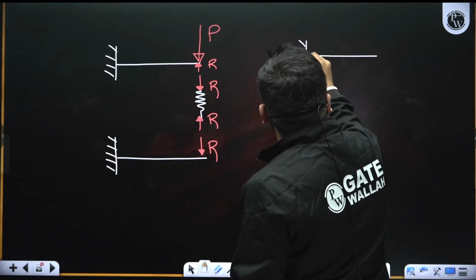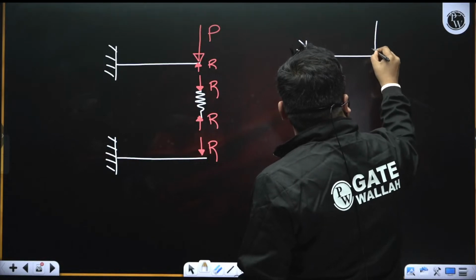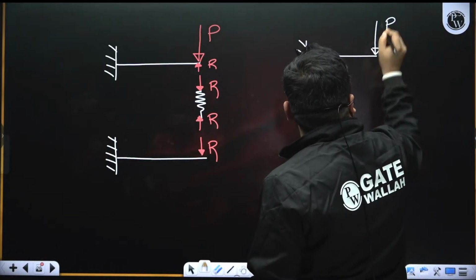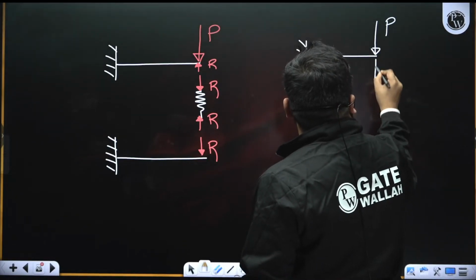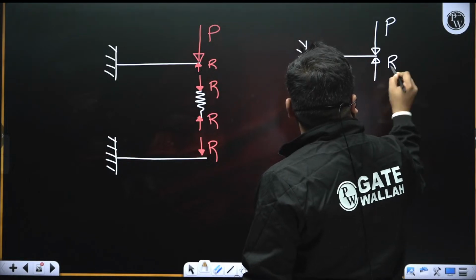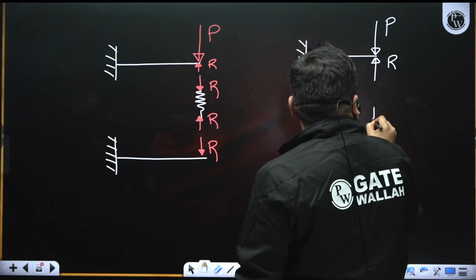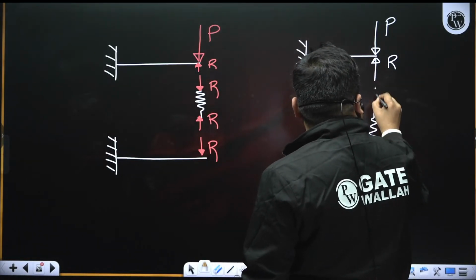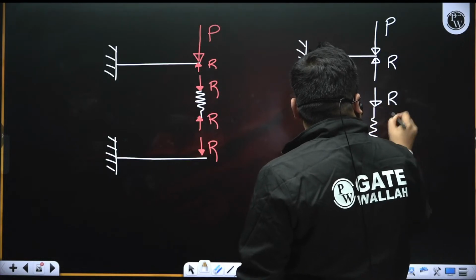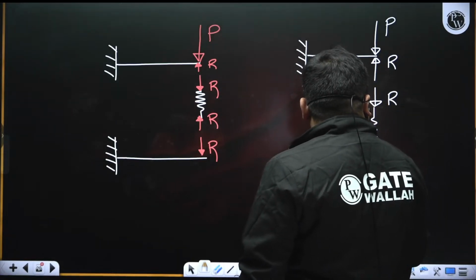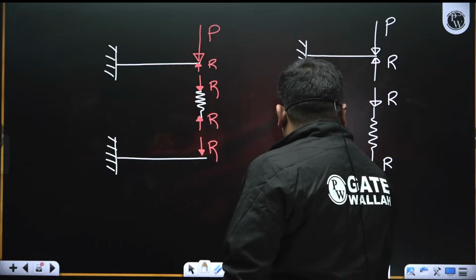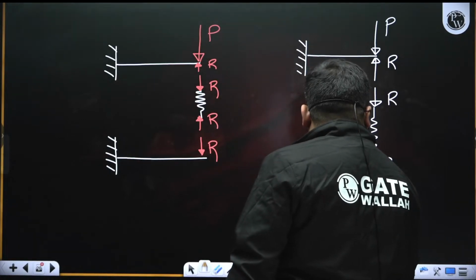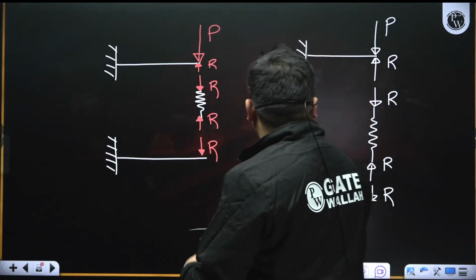On the first beam, there is a P force, and then due to the spring, there is an R force. And in the spring, it is R only. So R and R. And since this beam is connected, there will be an R force on this beam.